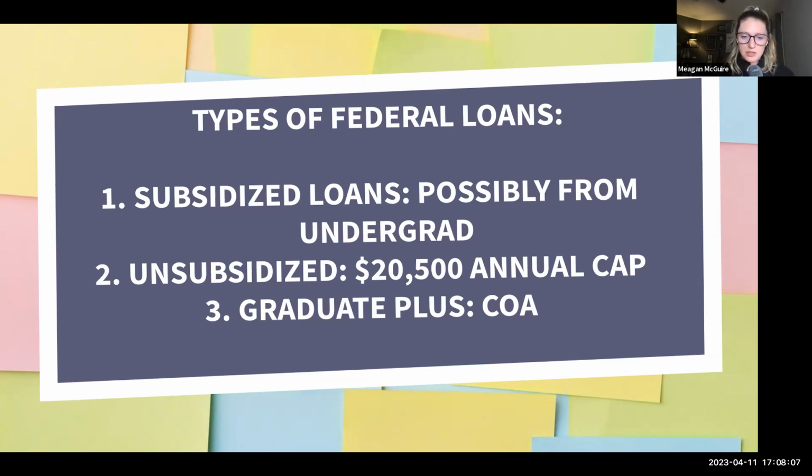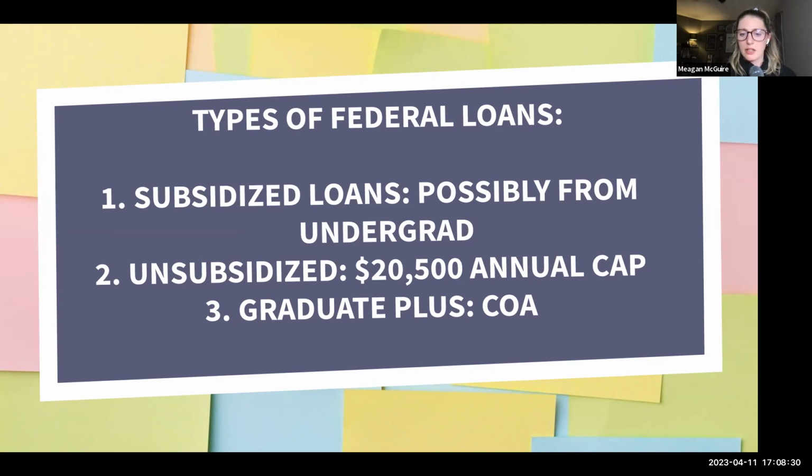And then we have unsubsidized loans, which you can borrow for undergrad and graduate school. For undergrad, there's a much lower limit on how much you can borrow. For graduate school, though, you can borrow up to $20,500. Unsubsidized just means that the interest is not discounted in any way, so interest does accrue from when you borrow.